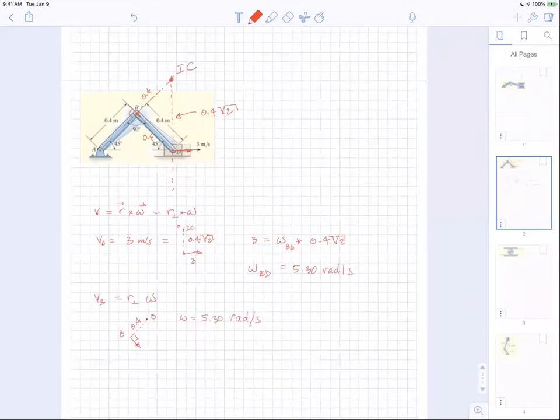I'm going to double check that real quick. 3 divided by 0.4 square root of 2. Yep, 5.3. So the velocity of B is just 0.4 omega, and that comes out to 2.12 meters per second. Okay, so that's a classic example of using the instantaneous center.